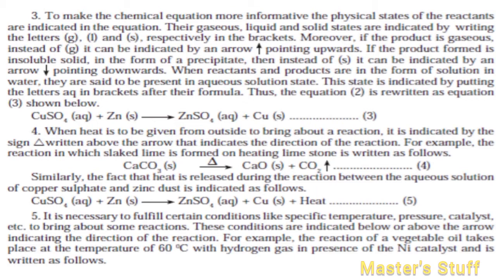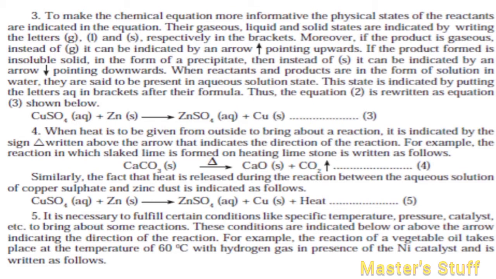Moreover, if the product is gaseous, instead of G, it can be indicated by an arrow pointing upward. If the product formed is insoluble in water, a solid in the form of a precipitate, then instead of S, it is indicated by an arrow pointing downward.